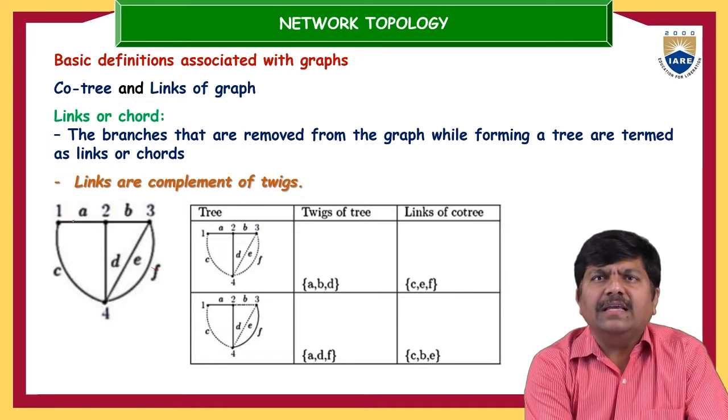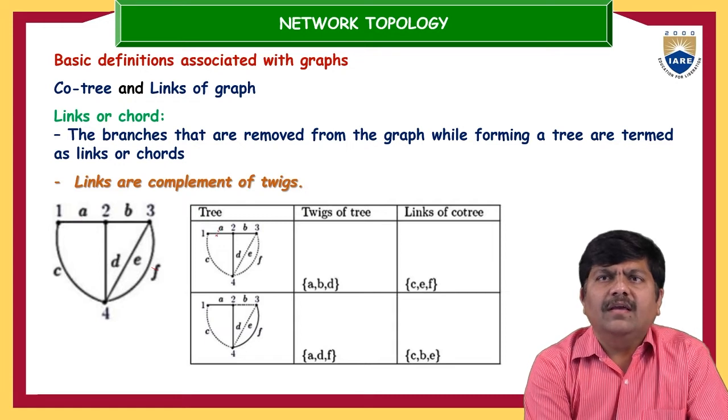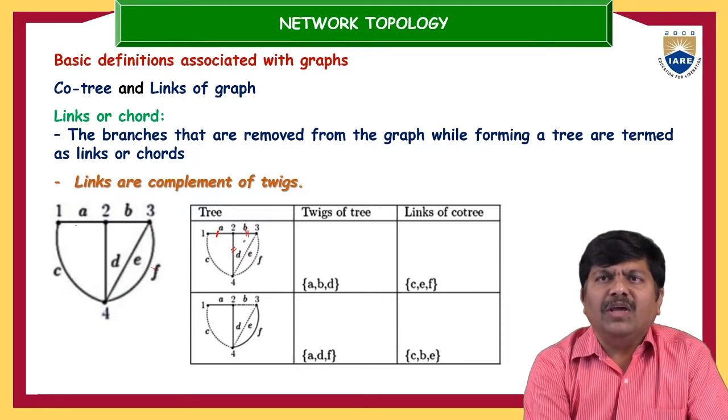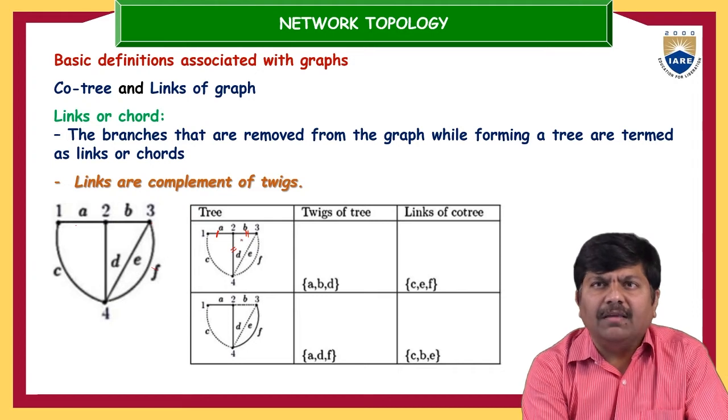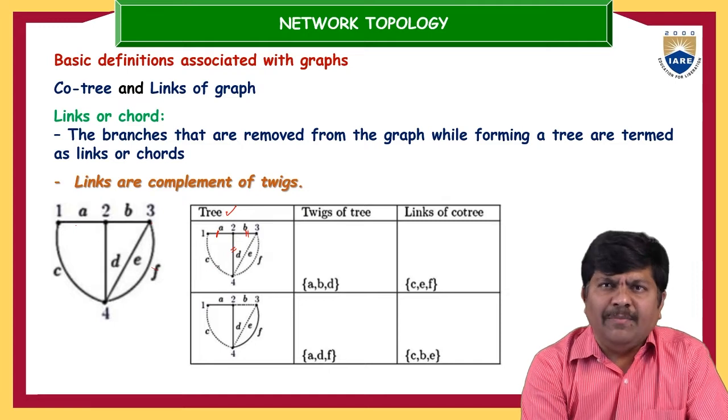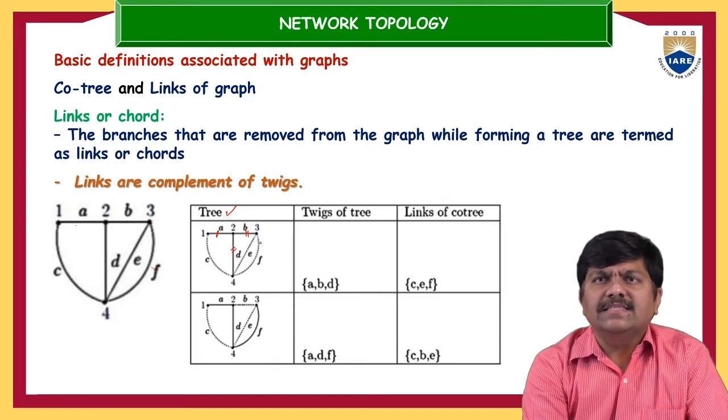Suppose one tree is formed by A, next D, and next B. So this is the tree, and it looks like a T shape. And what elements have we eliminated? E has to be eliminated, because if E is added between node 3 and node 4, then we will see a closed path. So that won't be a tree. So in order to form this particular tree, we had to eliminate a few elements from the graph. The elements we have eliminated are the links or chords.